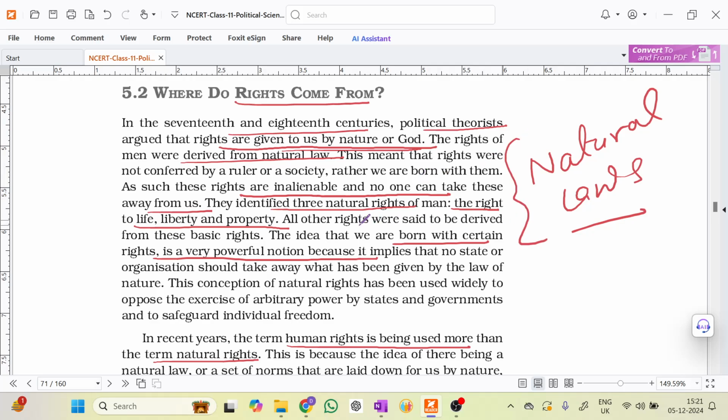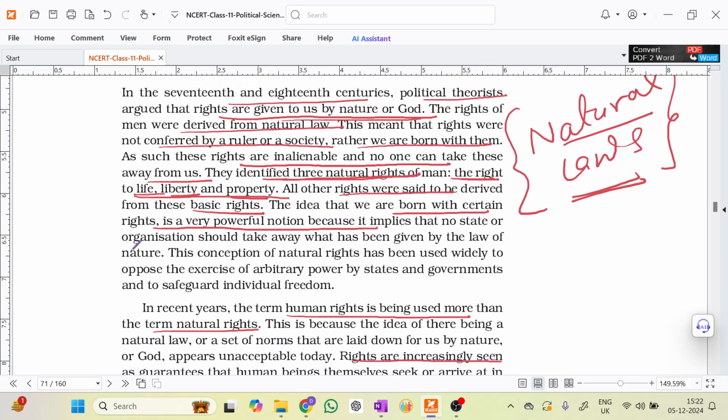By this, they meant that these rights were not conferred by any ruler or society, but rather we are born with them. These rights are natural because they are given by nature, and they identified three such rights: the right to life, the right to liberty, and the right to property. And all other rights are derived from these basic rights.